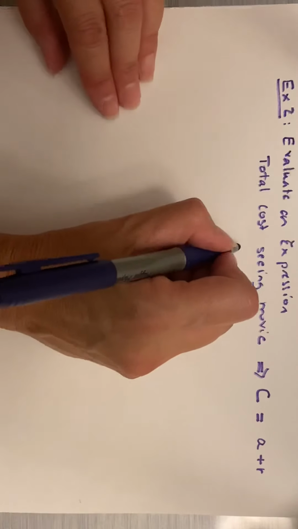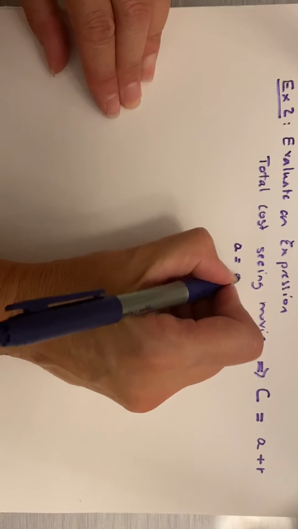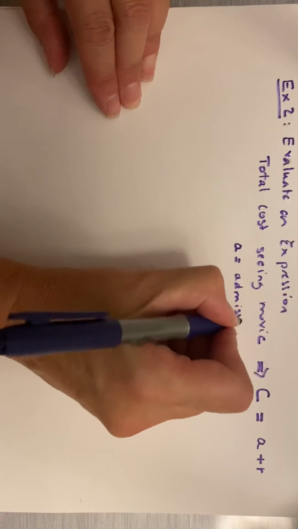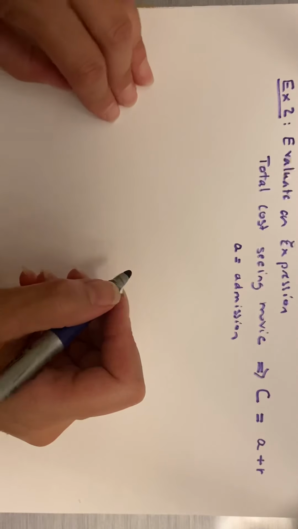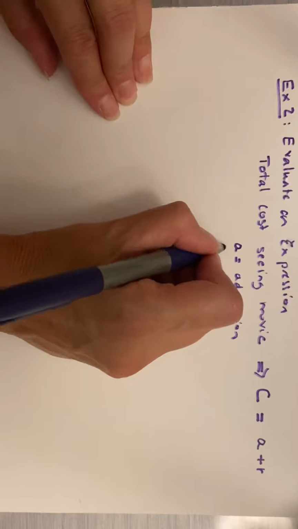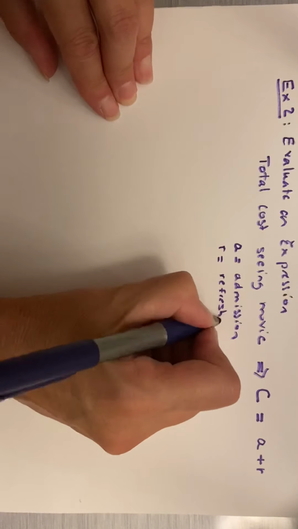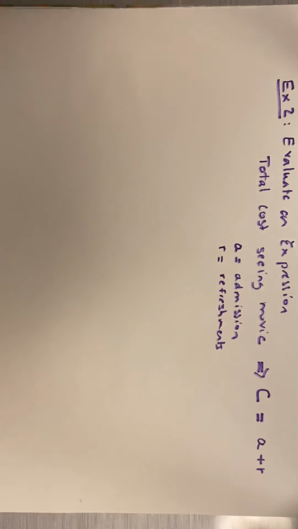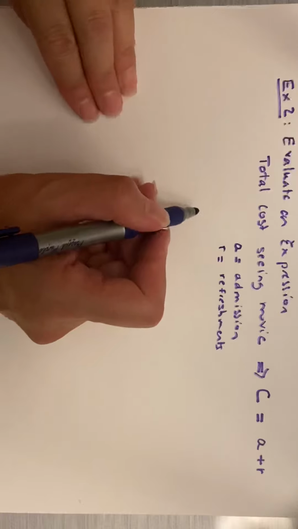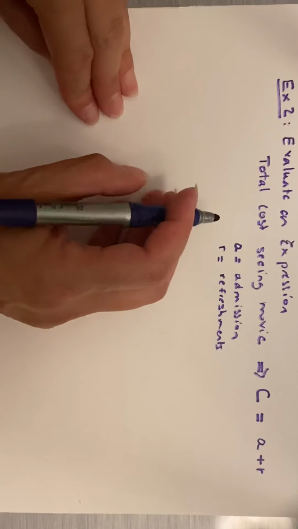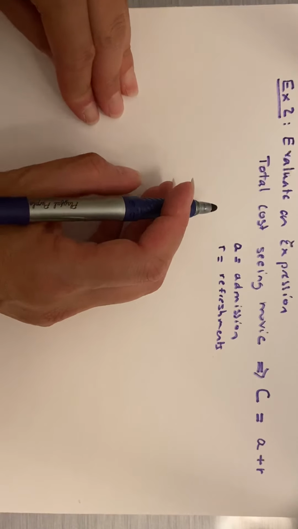Where that will tell you A is the cost of admissions, right? In other words, your ticket, and R is refreshments. In other words, what snacks you're going to get. And however much you pay is the total. Well, you can't evaluate this expression, right, unless somebody tells you what does this movie theater cost.